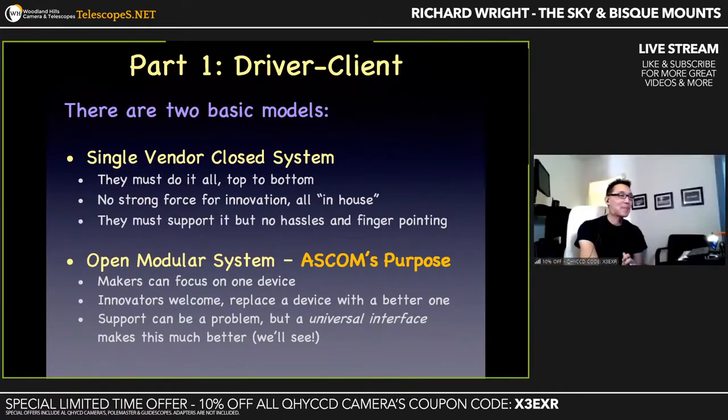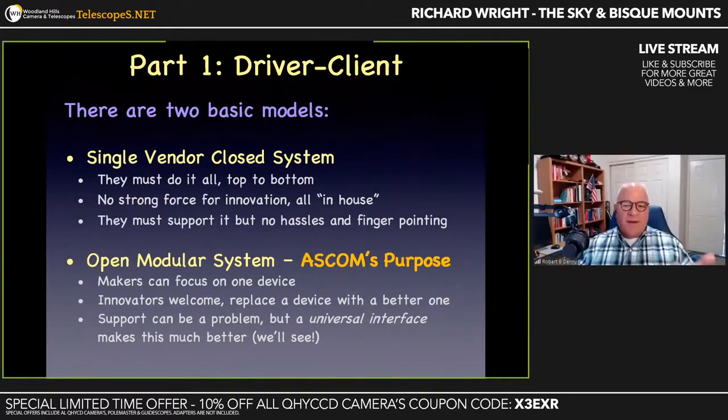All right. I talked a little bit about driver-client architecture. This is a concept in computing that's been around forever. In computing overall, you have two basic systems. In fact, this is true of engineering in general. You have two ways to approach a complex system. One would be a single vendor model where everything in the system is from one company.